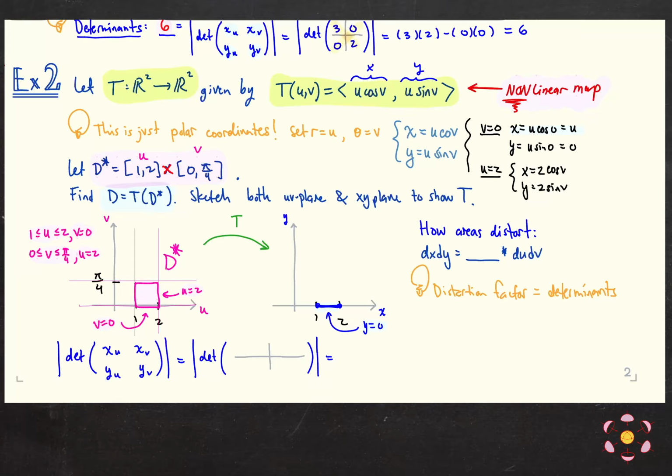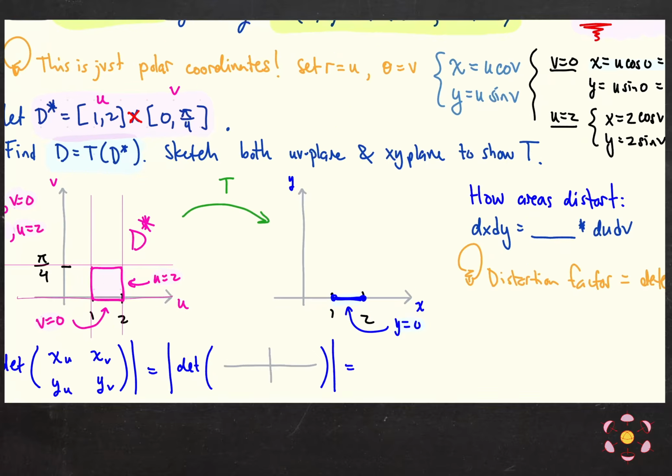Hopefully after a little bit of thinking, you recognize that, hey, wait a minute, these are just the parametric equations for a circle. And because I'm only looking at v's going from 0 to pi over 4, these are going to be part of a circle of radius 2 because of the 2's in front. So I'm going to try my best to draw a little circle here.